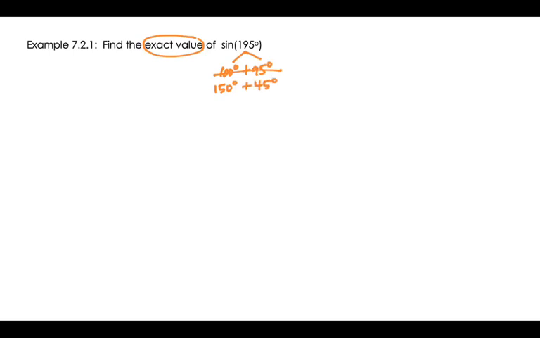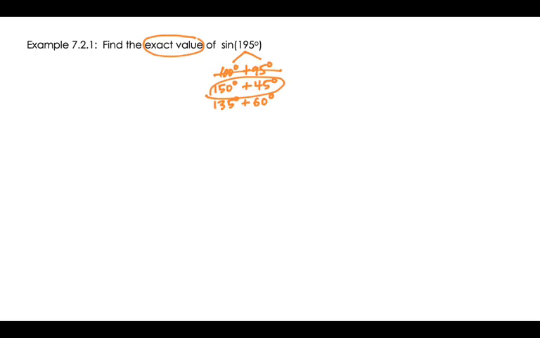That equals 195, and 150 and 45 degrees are on my unit circle. You could also do 135, that's on the unit circle in quadrant 2, plus 60 degrees, that equals 195. It doesn't matter which one you pick. You can use either one. I'm going to pick 150 plus 45 because I thought of it first.